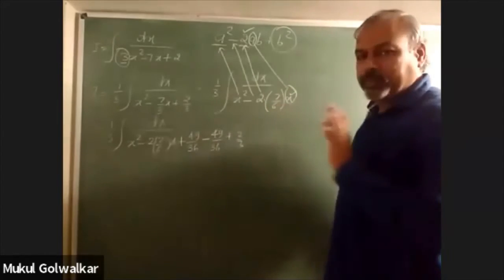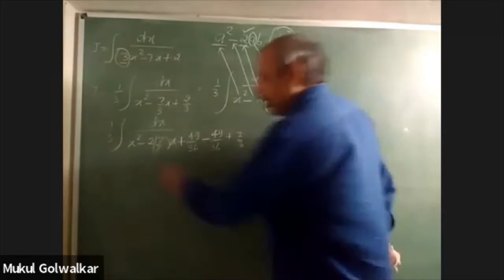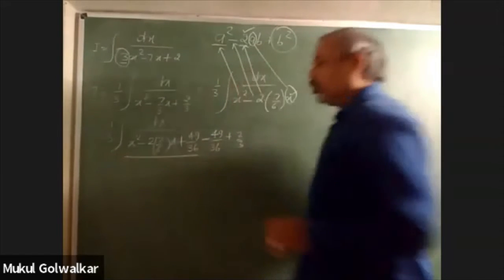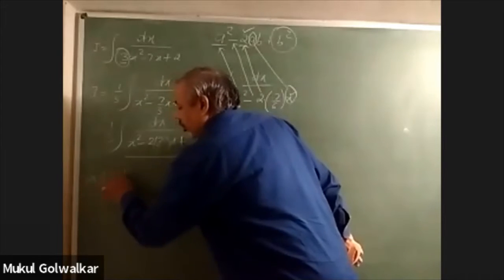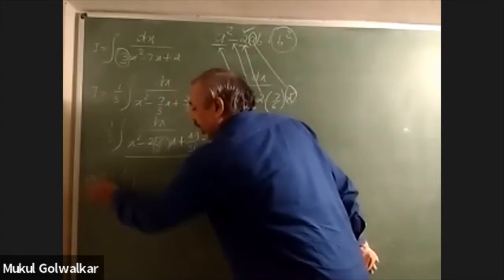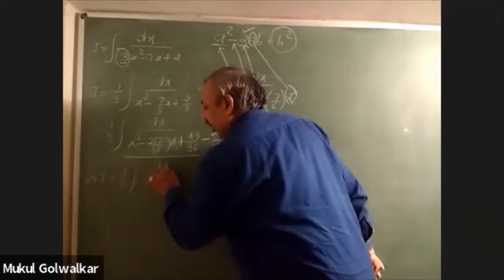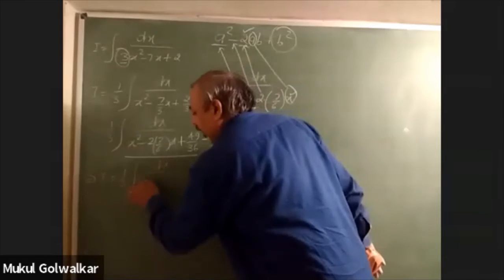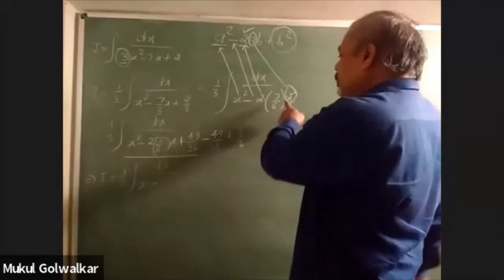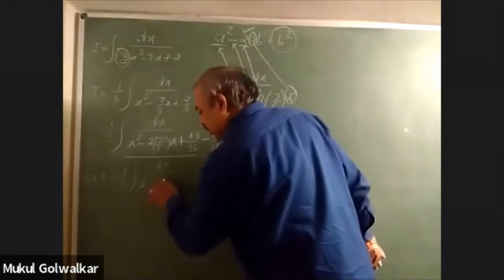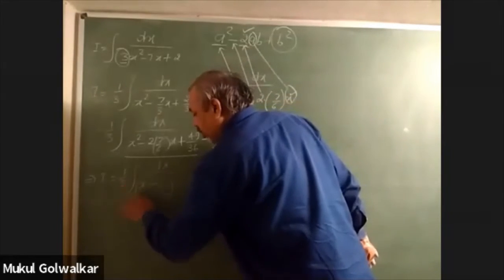I hope you have understood each and everything clearly. The group of these three terms can be written in the form where I is equal to 1 by 3 dx upon a minus b, and the value of b was 7 by 6, so x minus 7 by 6 the whole square.